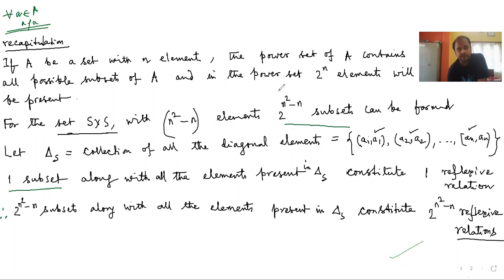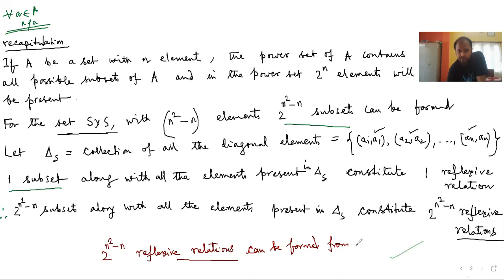And that is your required answer. So how many reflexive relations can be formed from this particular set? 2 to the power n square minus n reflexive relations can be formed from the set.